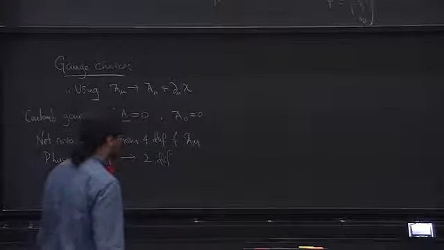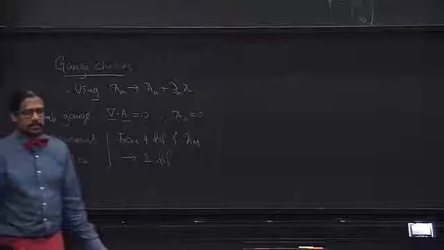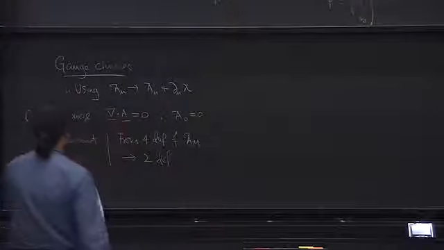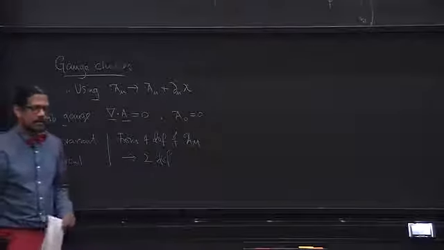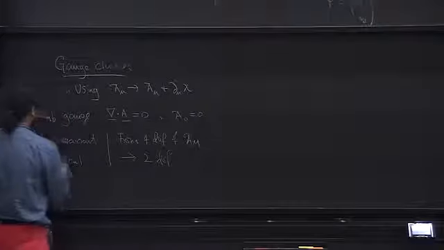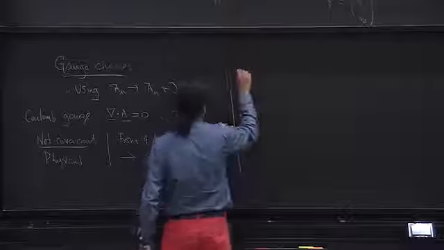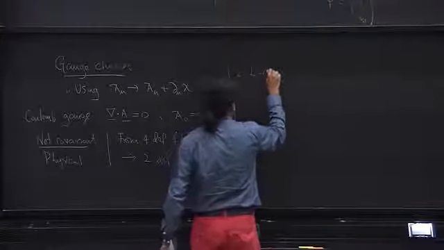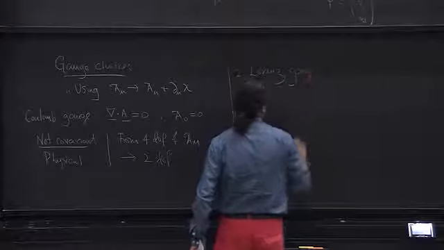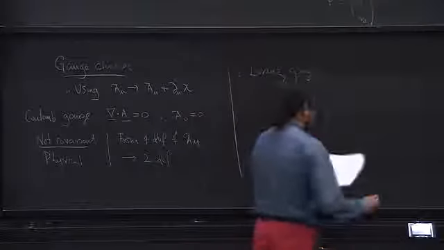For relativistic quantum field theory, and also for scattering amplitudes at high energies, which are necessarily relativistic, this is not a convenient choice. A more convenient choice is a covariant choice known as the Lorentz gauge. And as some of you may know, the Lorentz gauge is Lorentz invariant.